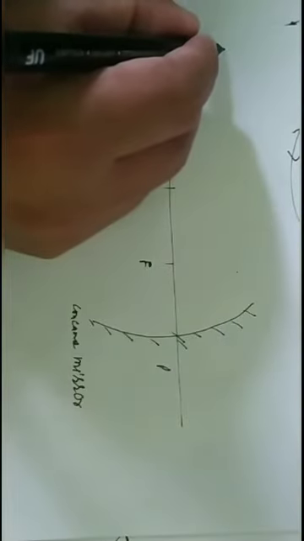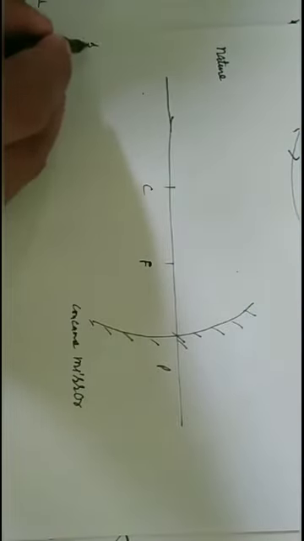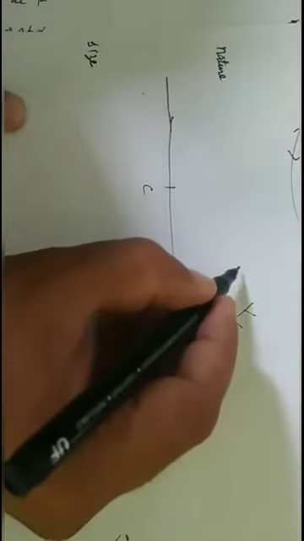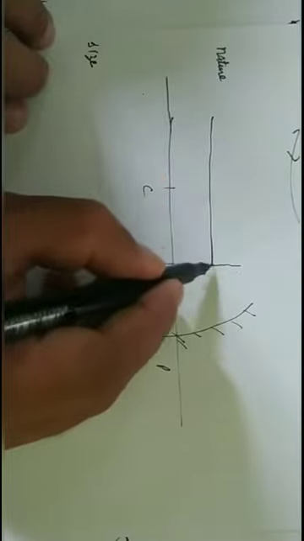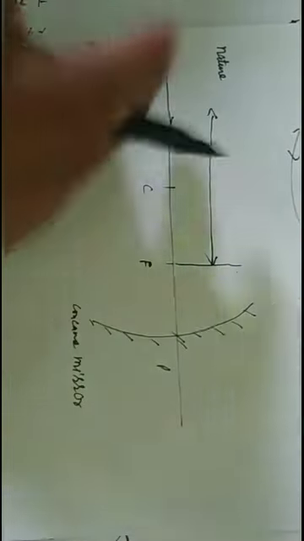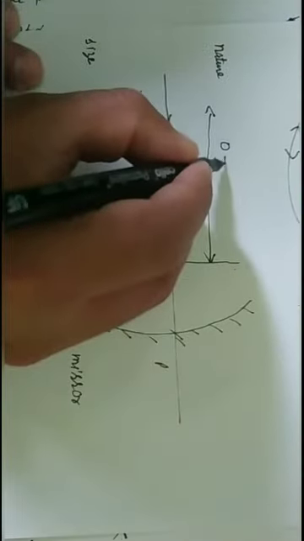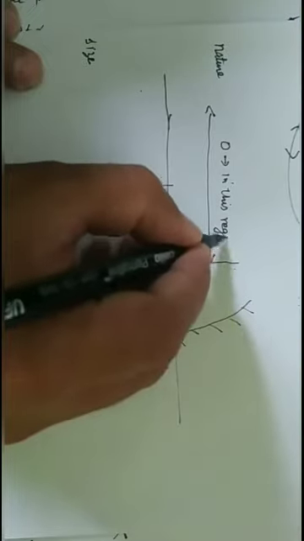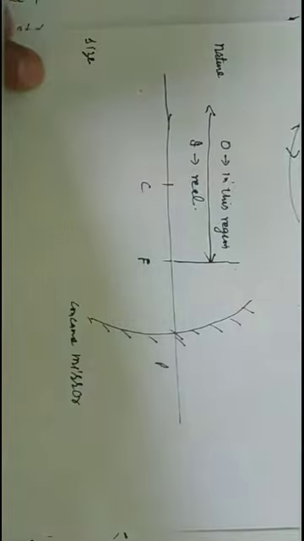Here I will tell in terms of nature, and here I will tell in terms of size. Now in terms of nature, the focus is a turning point. If you place your object anywhere in this region, infinity to focus, your image will always be real, and a real image is always inverted.